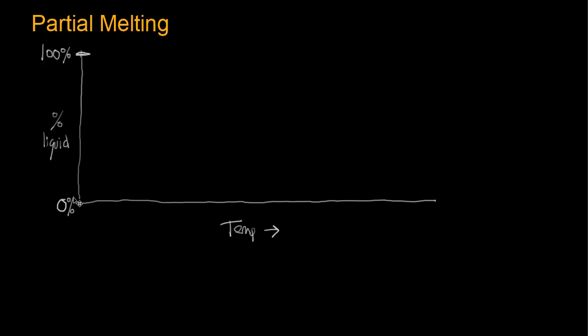So let's start out with a simple substance, one that you're familiar with, something really simple, like water, H2O. We're going to start out with solid H2O, or ice. And we know that that ice will melt when we raise the temperature to 0 degrees C, right?